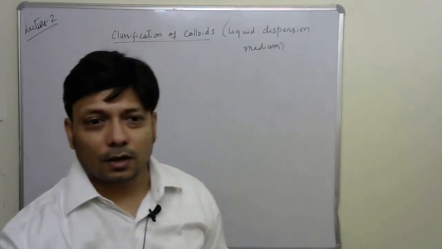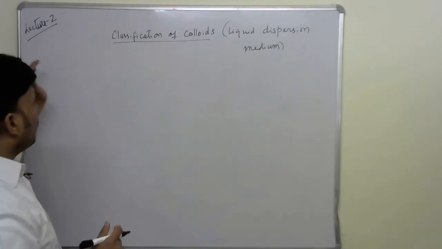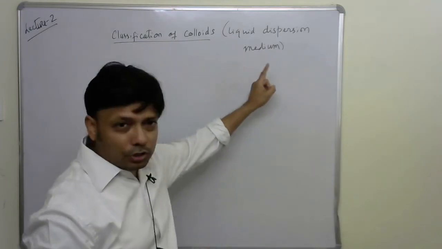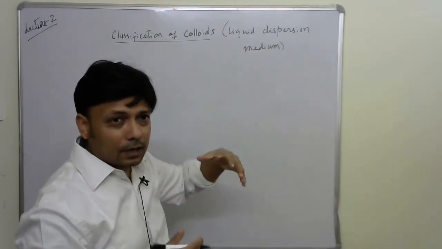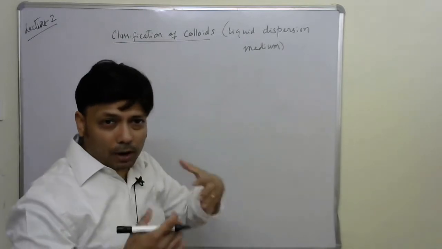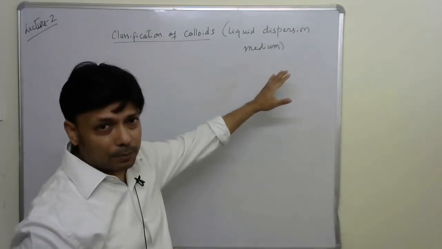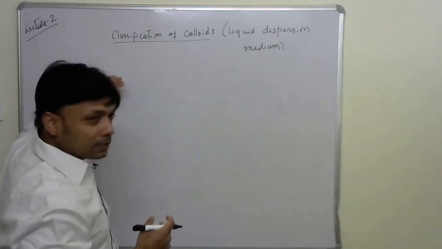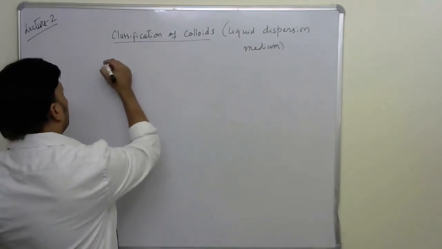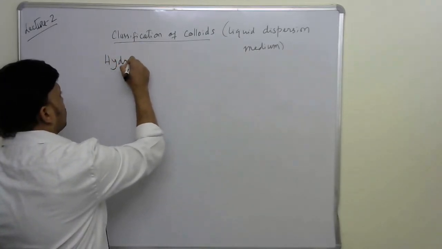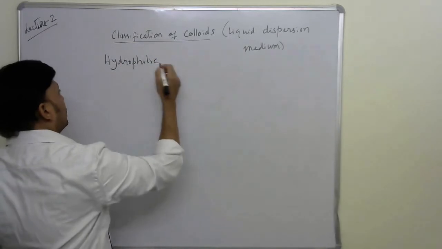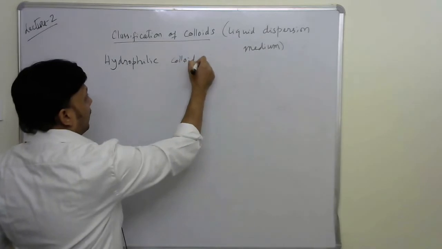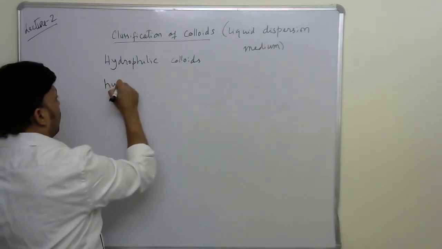So there could be further finer classifications of colloids. When we talk about the dispersion medium, that means a colloidal state where we take colloidal particles or sol particles in a liquid dispersion medium, and when the liquid is mainly water, there are a few more classifications. Somewhere in your textbook you will find hydrophilic colloids, and then we have hydrophobic colloids.